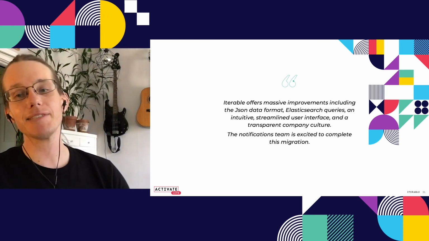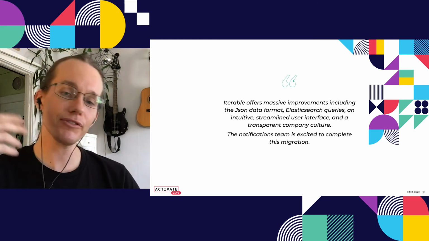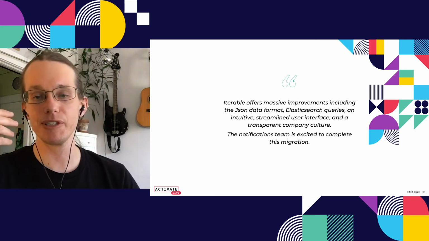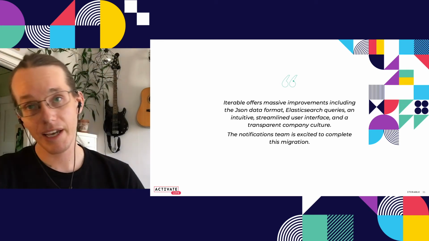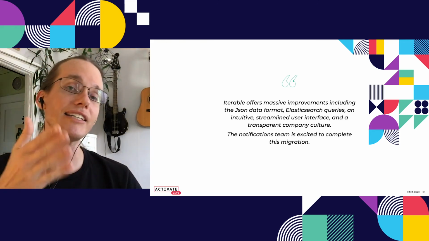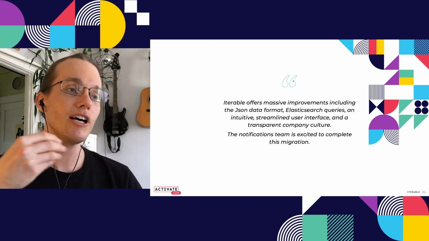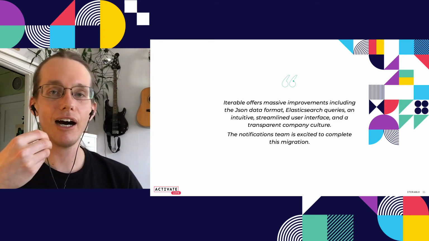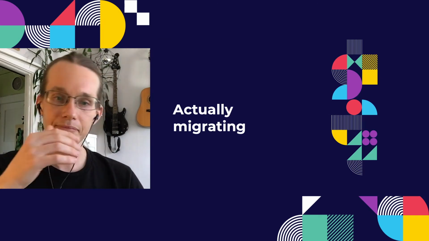Iterable offers massive improvements, including the JSON data format, Elasticsearch queries, an intuitive, streamlined user interface, and a transparent company culture. The notifications team is excited to complete this migration. And that was the executive-facing summary that we provided, which finally locked in buy-in to not just take a really strong look at Iterable, but truly migrate to Iterable and commit the company to a multi-year relationship.